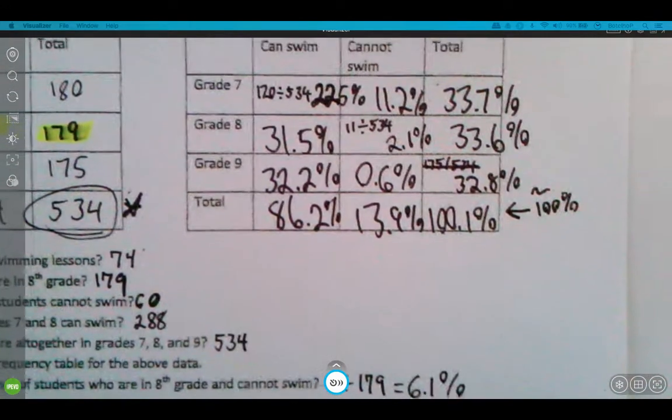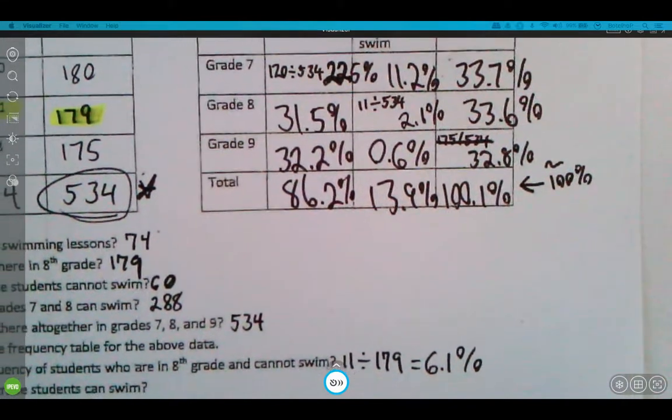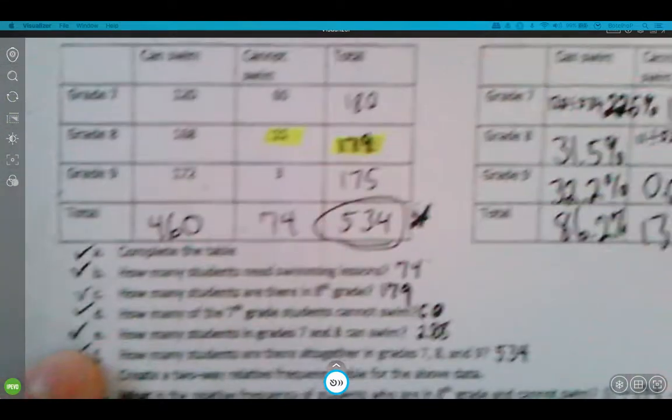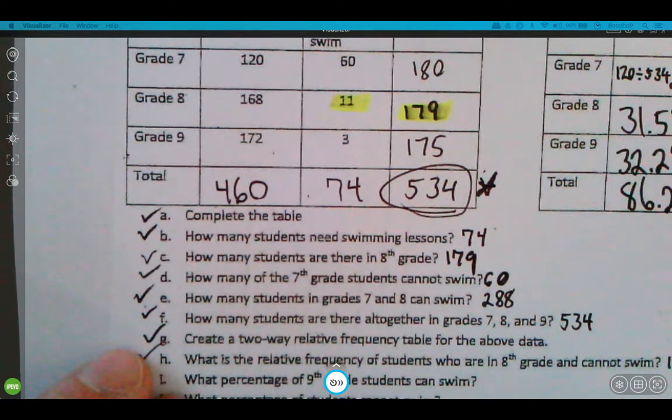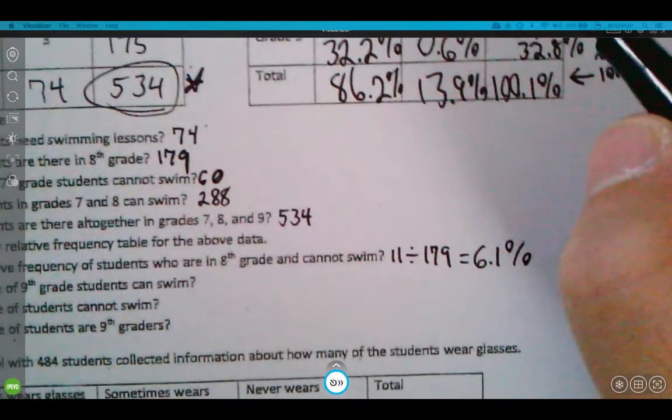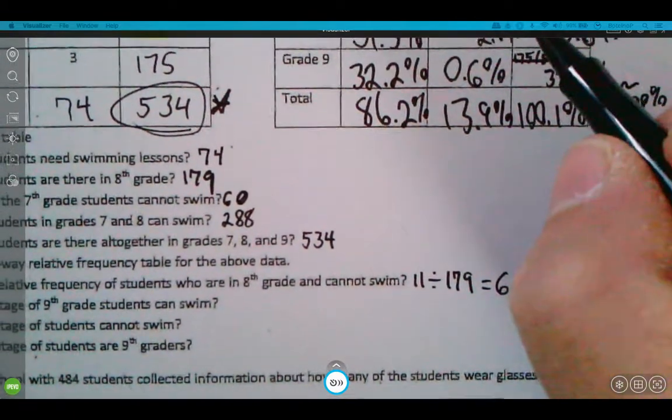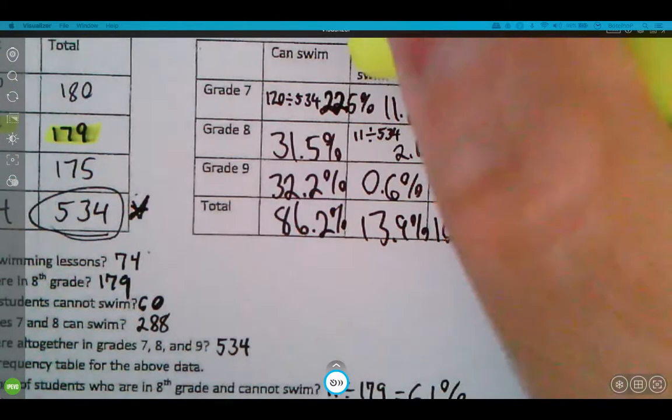You know what? It didn't say relative frequency of students in 8th grade that cannot swim to the total number of 8th graders. So my bad. I wish I could rewind that and redo that part. I think I'm just going to go with this number.